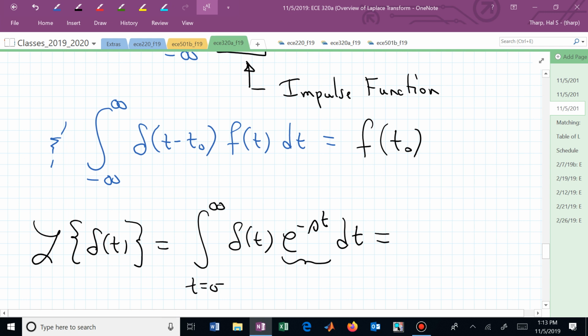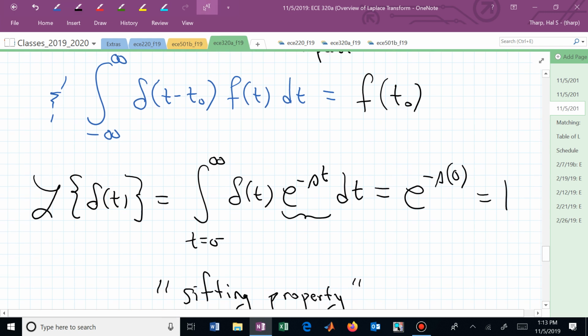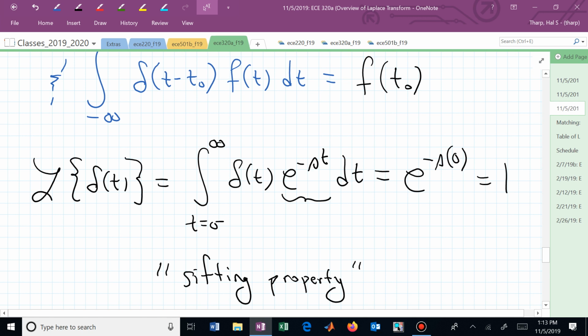What happens here? What's the result? It's going to sift that argument of the integral that's being scaled or weighted by the impulse and evaluate it when the impulse is on or when it's active. We now say, oh, or can say this is e to the minus s at 0. And e to the 0 is 1. And that's the sifting property.